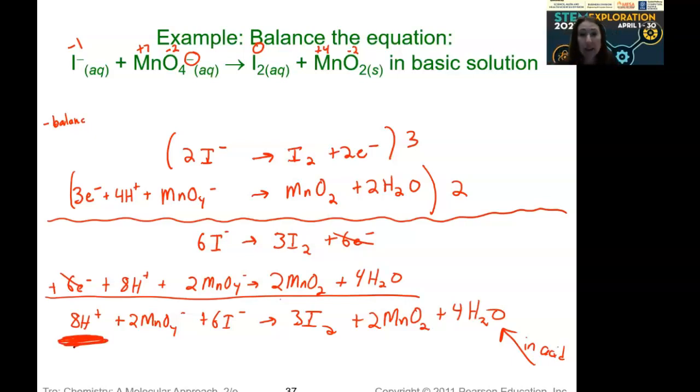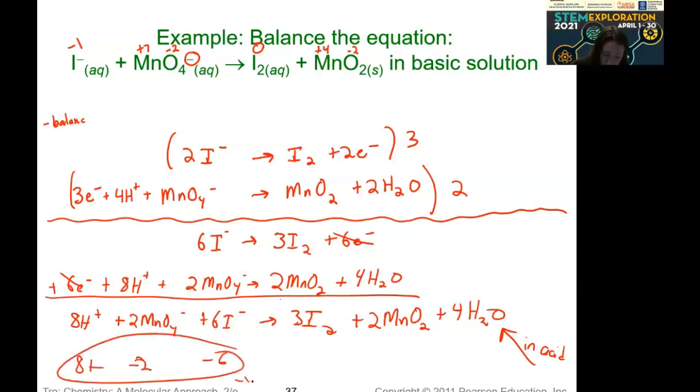And again, the elements are going to balance and the charges are going to balance, right? So you need to check that both element and the charges balance. So if we look at our charge, here's an 8 plus, here's a -2, a -6. So this all equals 0, and this is all 0. So our charges are the same. By the way, they don't both need to be 0.